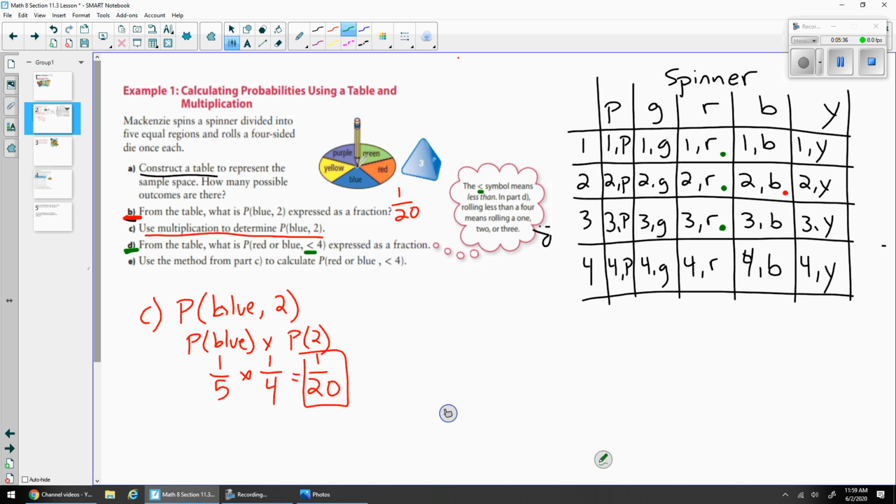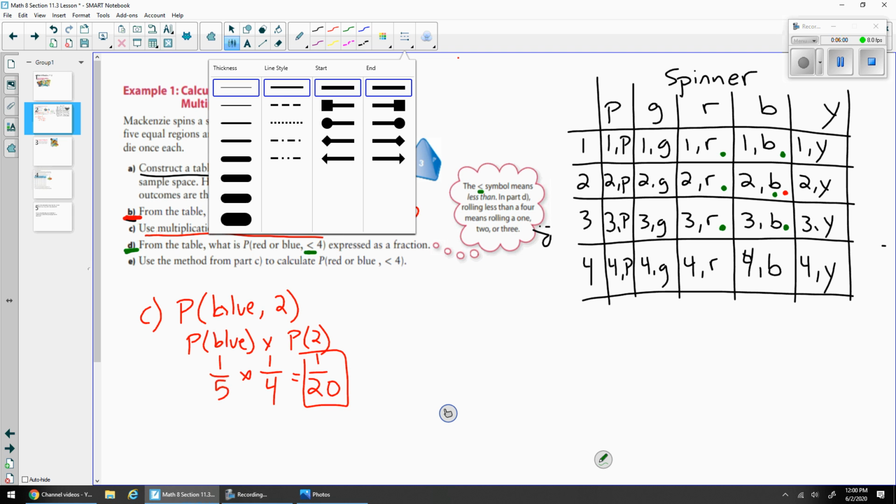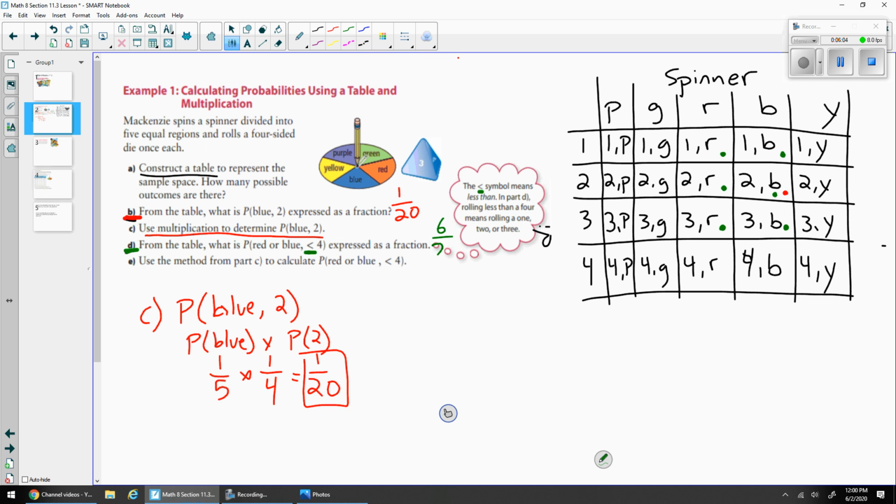Or blue with a number less than 4, so blue 1, blue and 2, blue and 3, those are also all favorable. But anything with green or yellow or purple isn't favorable, and nothing with the number 4, just less than it. So those 6. So we can see as our fraction, when we use our table, it is 6 out of the 20.